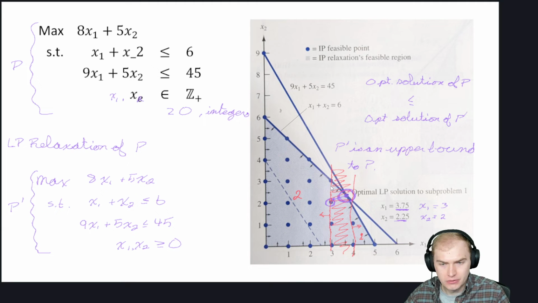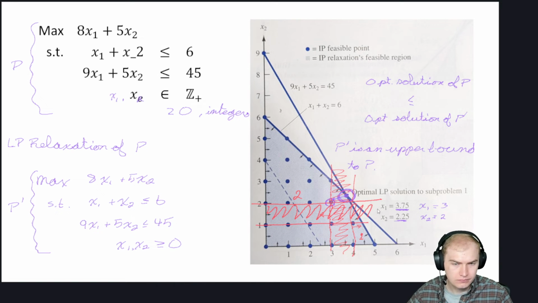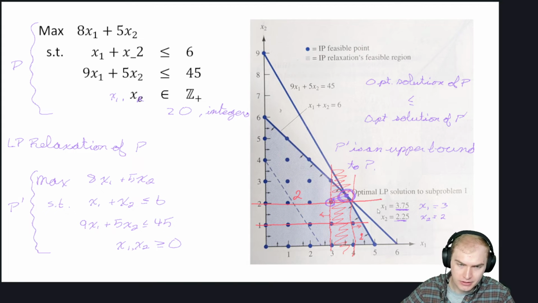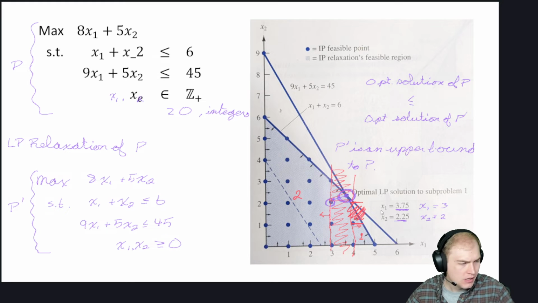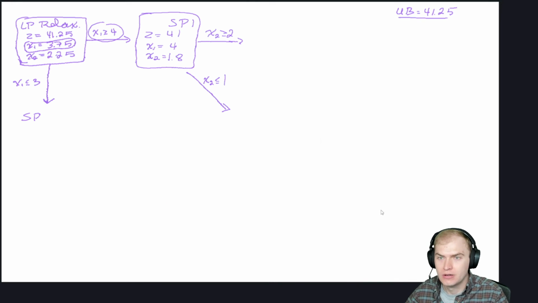Now we're going to cut out this region. But really we've already branched, so we're really only doing that to the branch. So we can't enter this region anymore. And so we can see probably that one of these problems is going to be infeasible already. So let's try that.